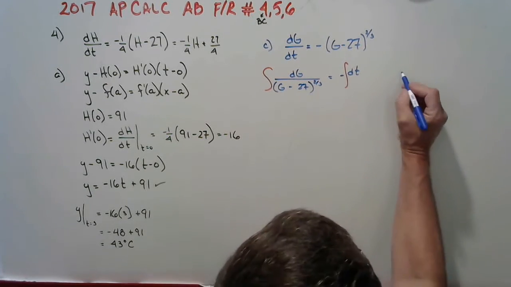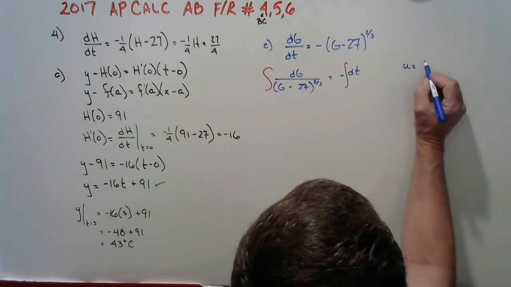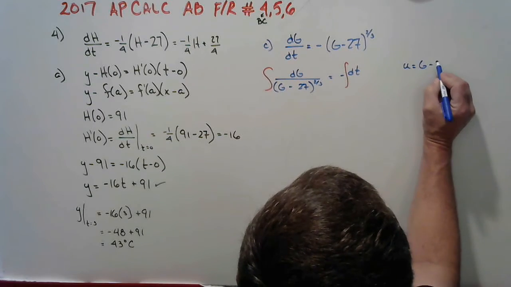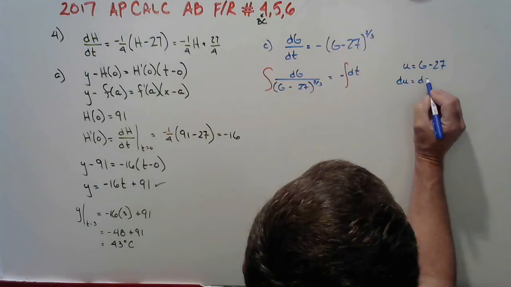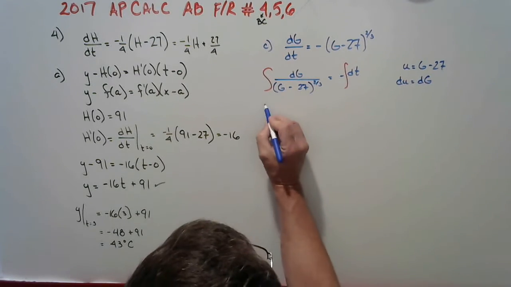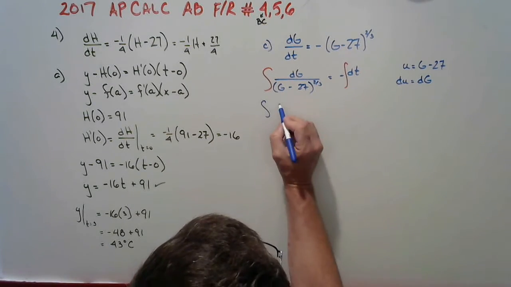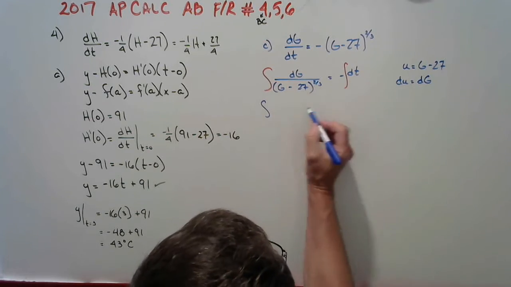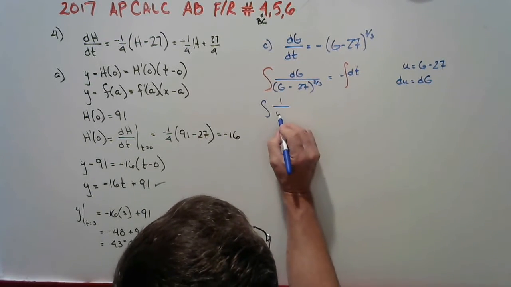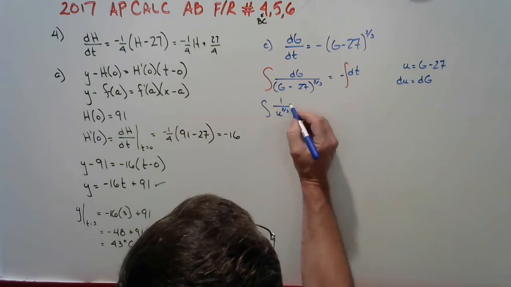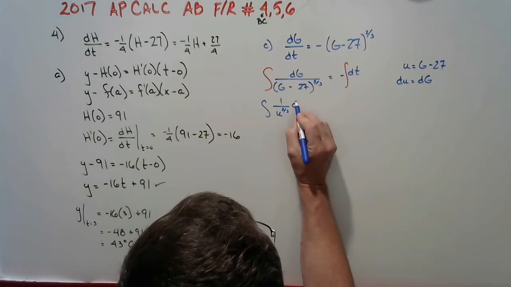And if you want to do the u sub, this is what you would get: u equals g minus 27, du would equal dg. And if we did that, dg is du, so I would have 1 over g minus 27 is u, so I would have u to the 2/3, and then I would have a du.